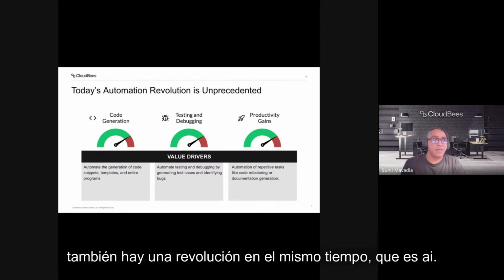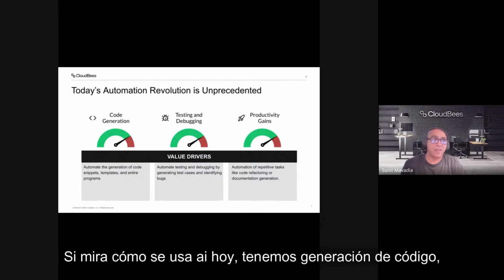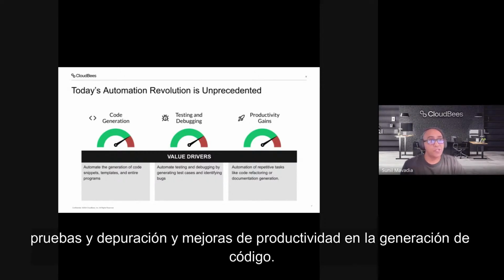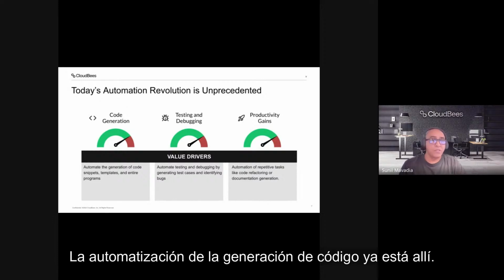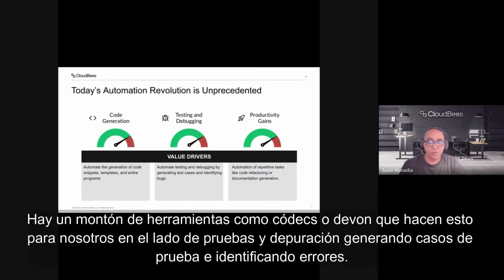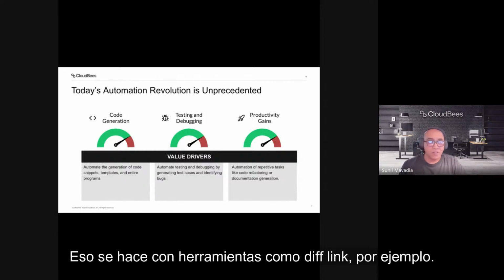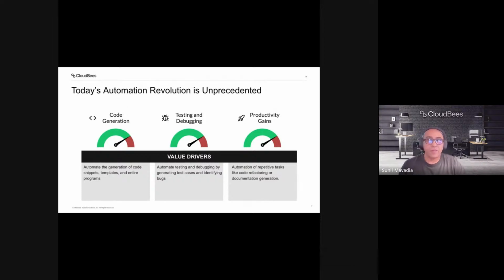Now, with that said, there is also a revolution going on right at the same time, which is AI. And if you look at how AI is being used today, we have code generation, testing and debugging, and productivity gains. Within code generation, automation of the generation of code is already there. There's a bunch of tools out there like Codex or Devin that do that for us. On the testing and debugging side, by generating test cases and identifying bugs, that's done with tools like Diffblue, for example.